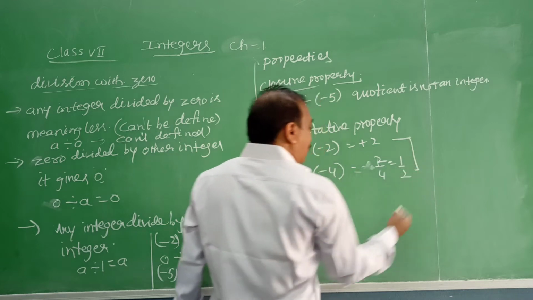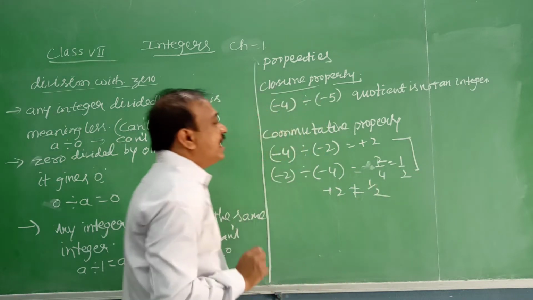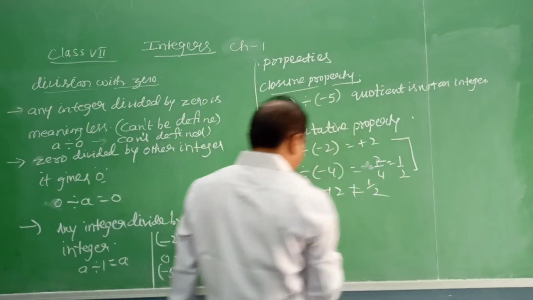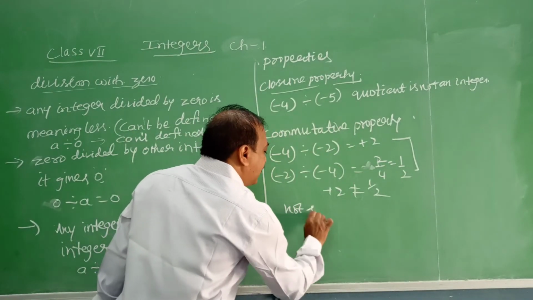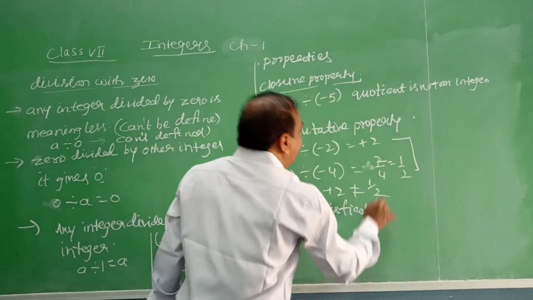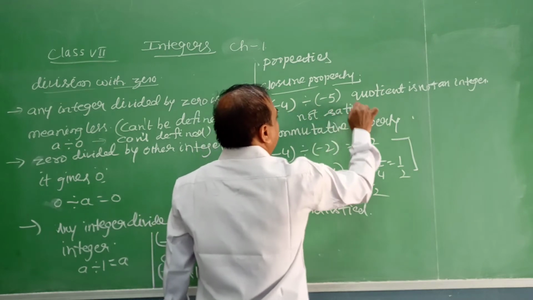So these two are not equal. Plus 2 is not equal to 1 by 2. So the commutative property is not satisfied. Similarly, the closure property is not satisfied.